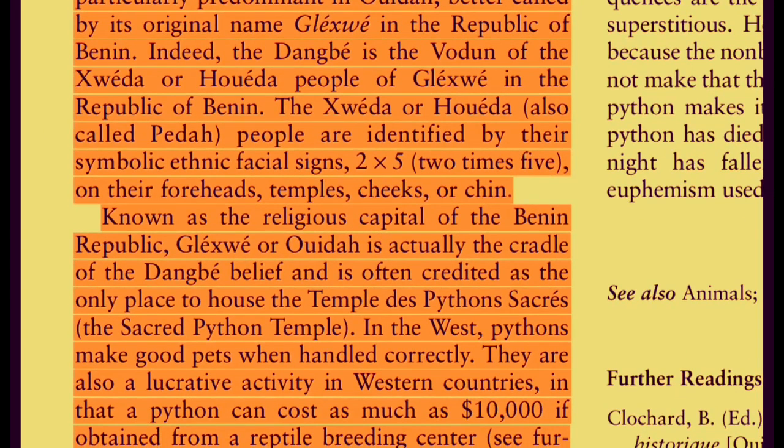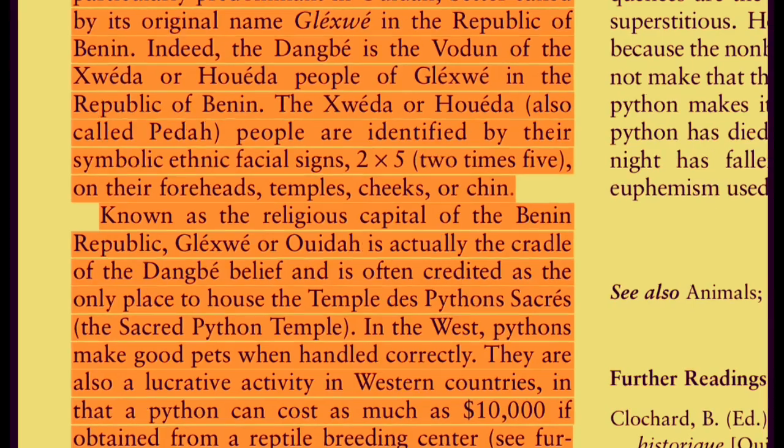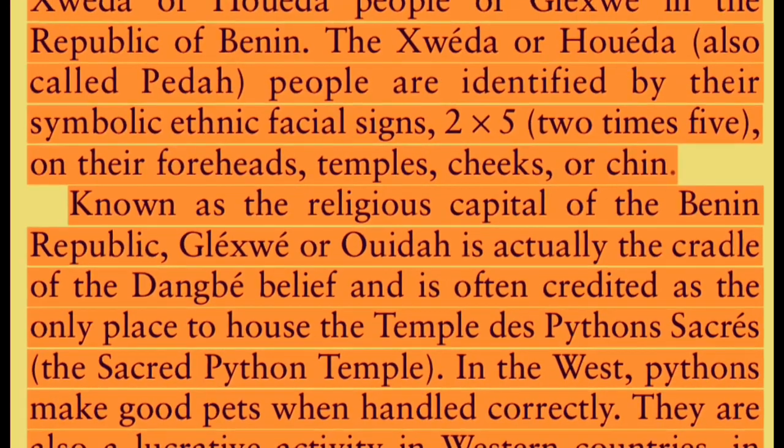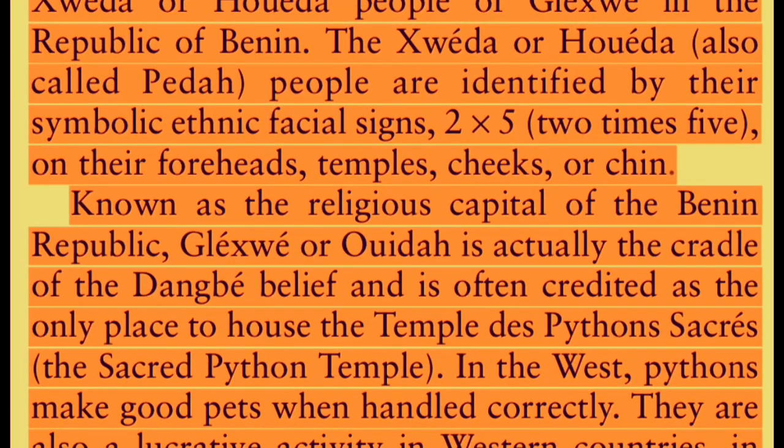The Xwla or Whydah, also called Pla people, are identified by their symbolic ethnic facial signs, two by five, two times by five, on their foreheads, temples, cheeks, or chin.